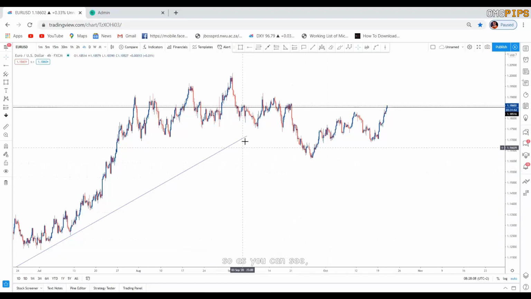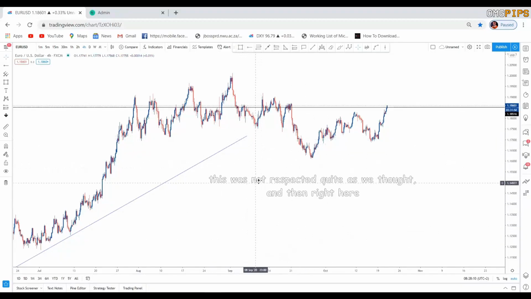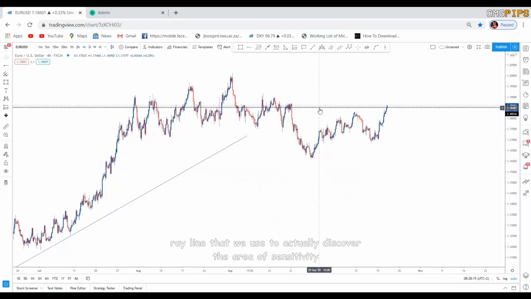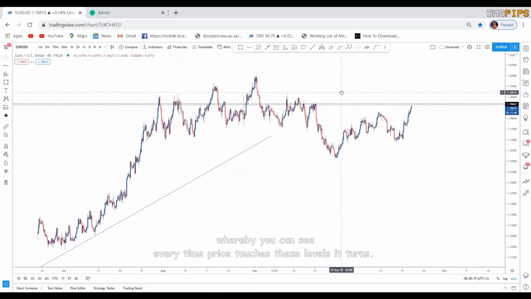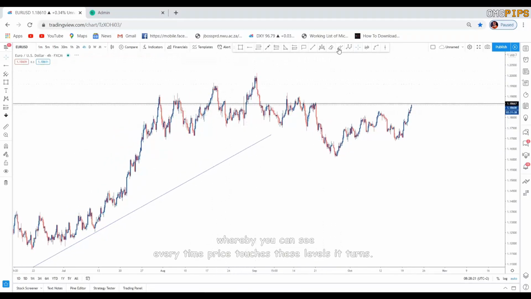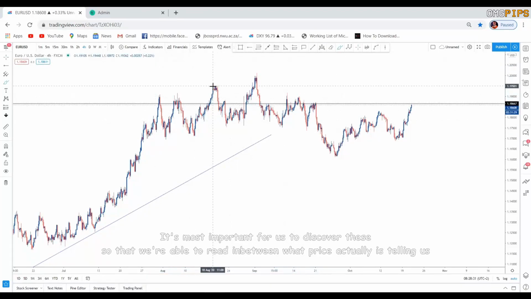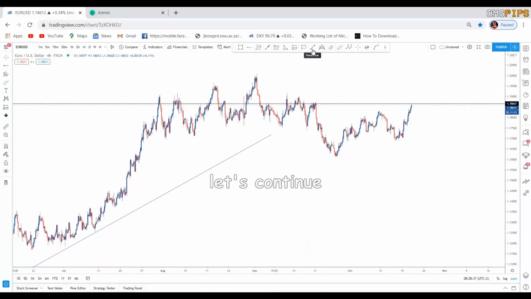So as you can see, this was not respected quite as we thought, and then right here it's a ray line that we use to actually discover the area of sensitivity, whereby you can see every time price touches these levels, they literally turn. It's most important for us to discover these so that we'll be able to read in between what price action is telling us. So let's continue.